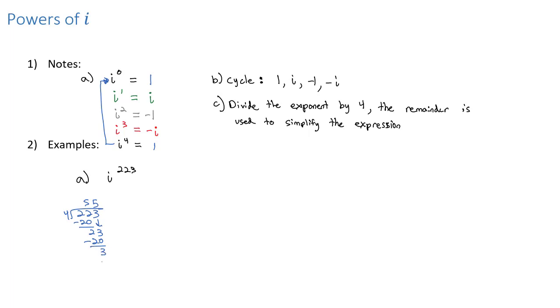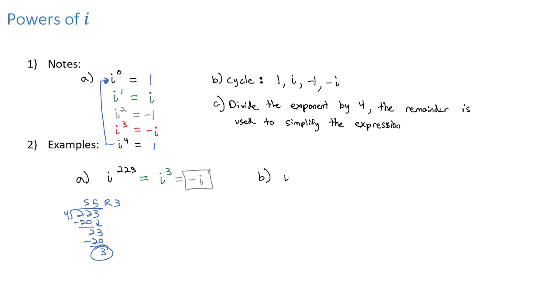And I don't really care about the 55. I care about the remainder 3. Because that means i to the 223rd power is equal to i to the 3rd power. And I know from my pattern up above that i to the 3rd power is equal to -i. So i to the 223 simplifies to -i.